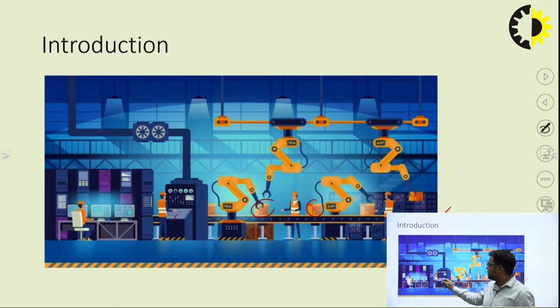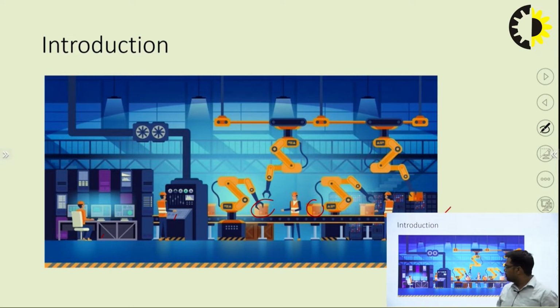Some engineers are analyzing what processes are going on in the industry. This is one example, but various kinds of examples are there through which we can explain the role of timer and counter.